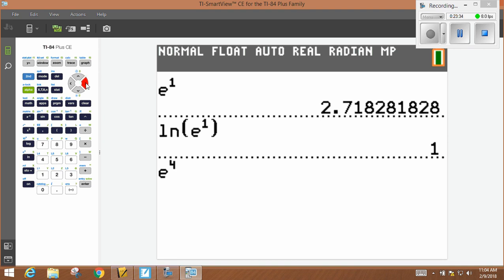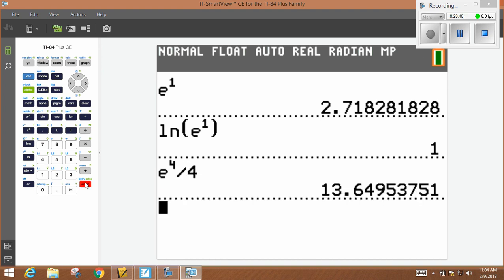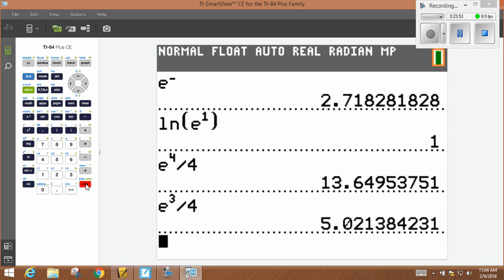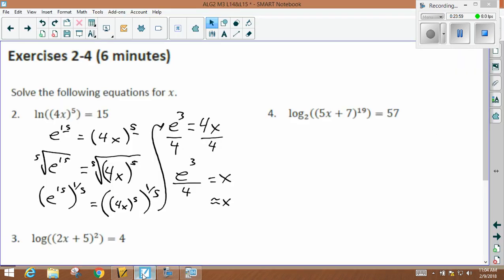And it was divided by what? 4. So it's going to be approximately 5.021, because we like to round to the thousandth place.